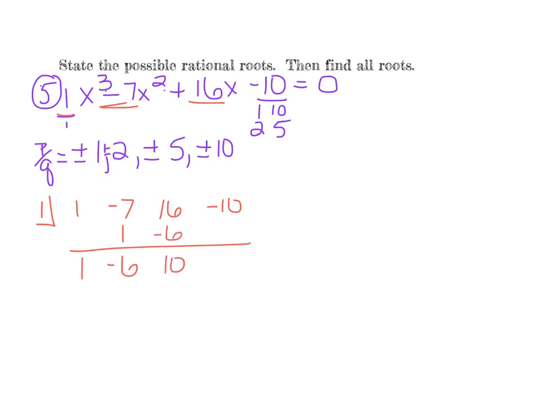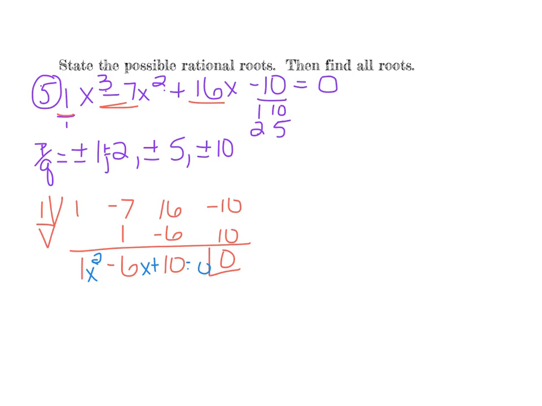Add to get 10. 1 times 10 is 10. Add to get 0. So this one works. Yippee. I will write my depressed polynomial. So I have 1x squared minus 6x plus 10.